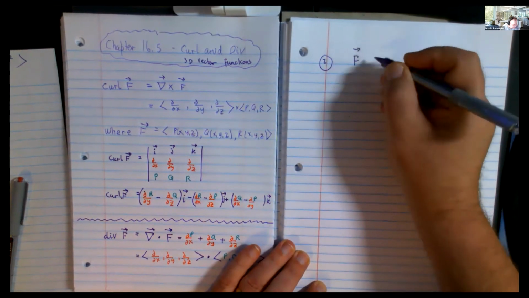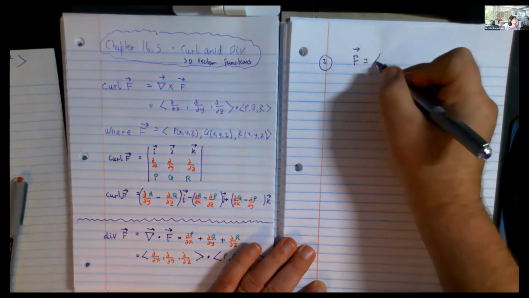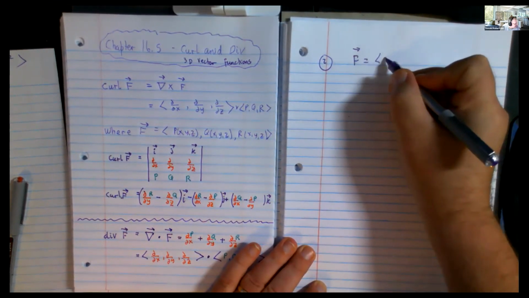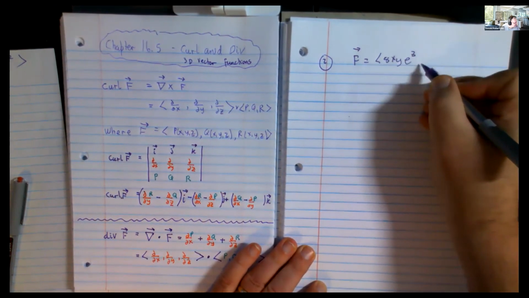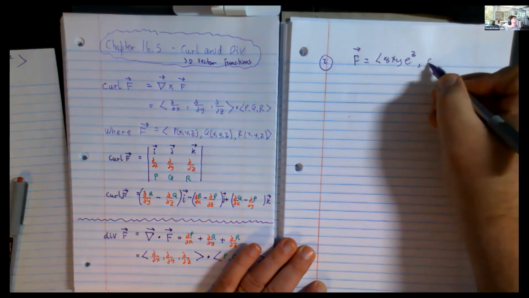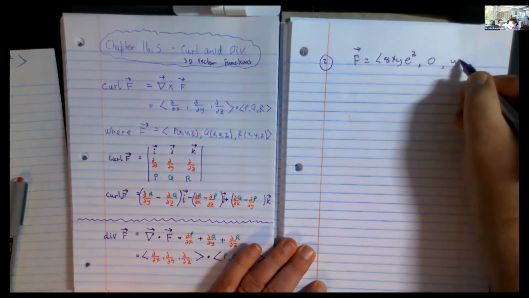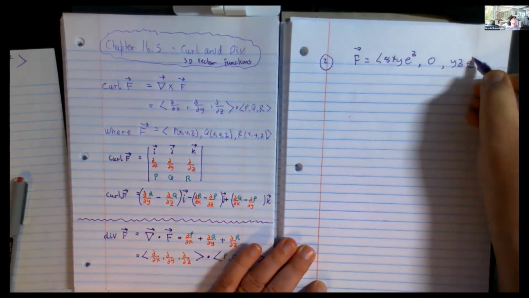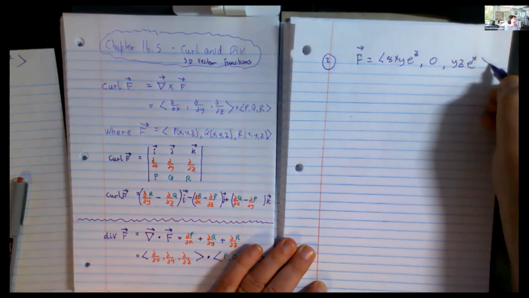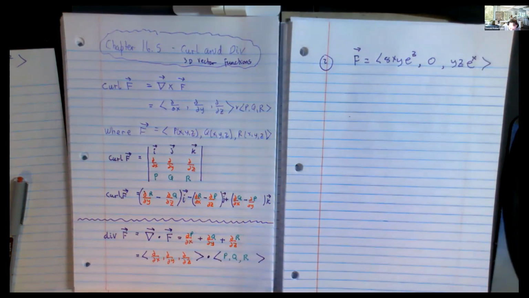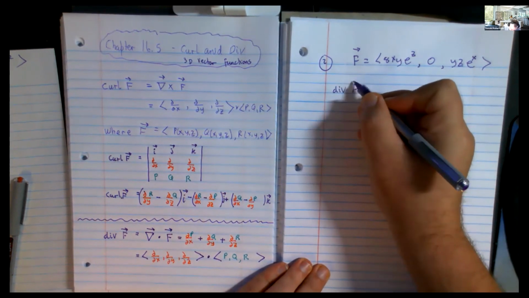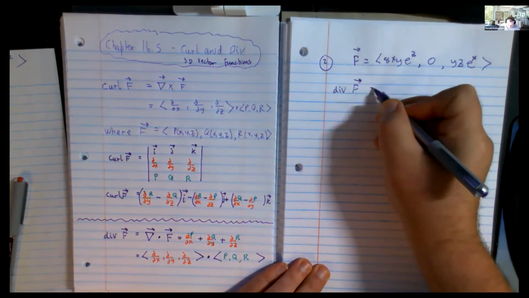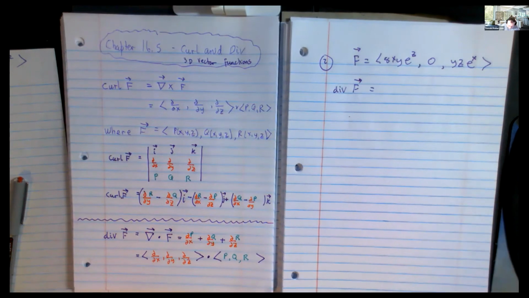The vector field F is 8xy e to the z, 0, which is nice, yz e to the x. Let's do the div first because it's the easier one, right?